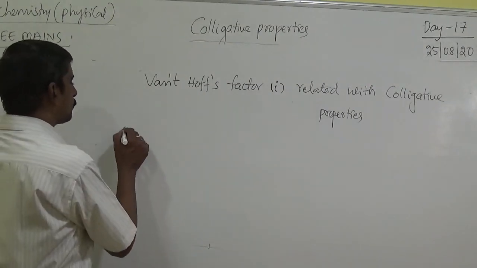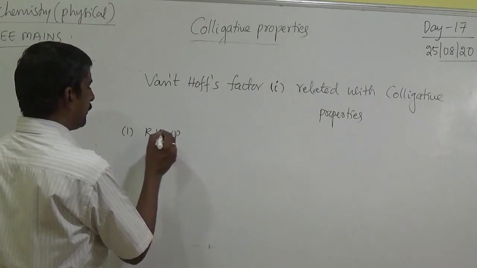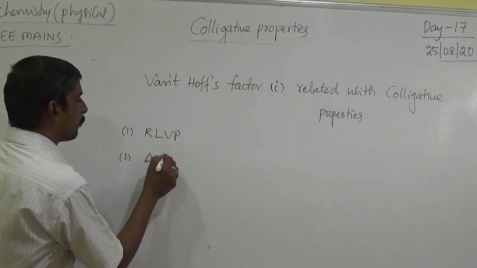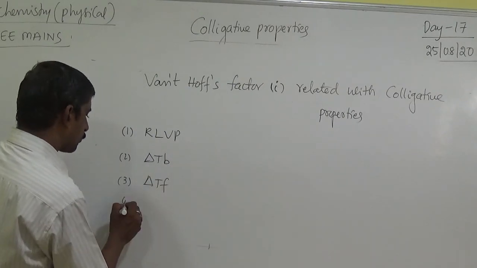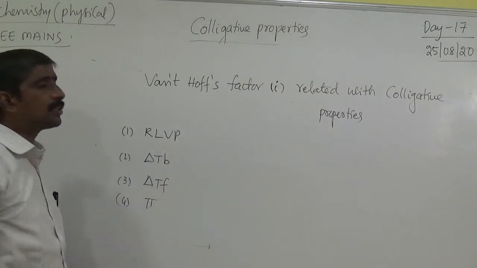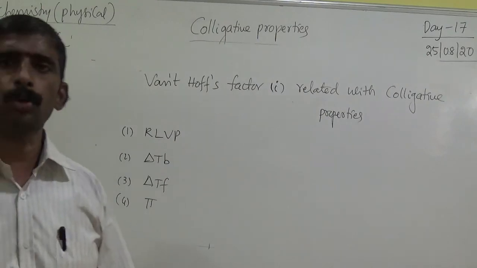Colligative properties are how many types? 4 types. RLVP. Second one is elevation of boiling point. Third one is depression of freezing point. Last one is osmotic pressure. Van't Hoff factor is related with 4 colligative properties.